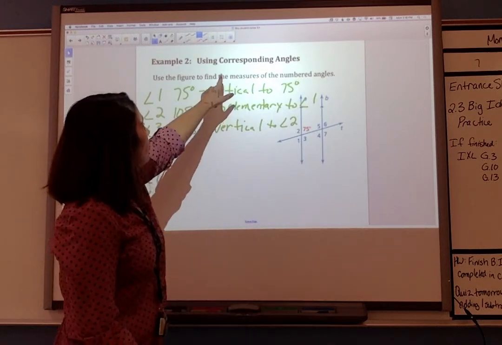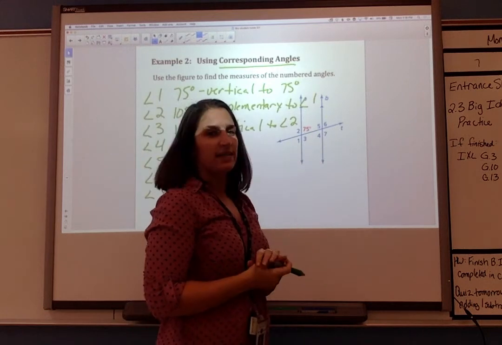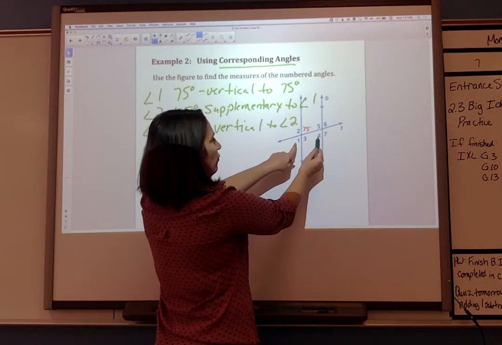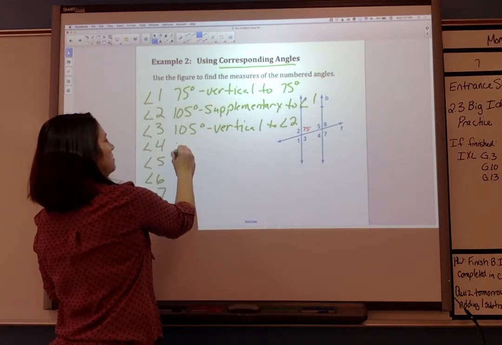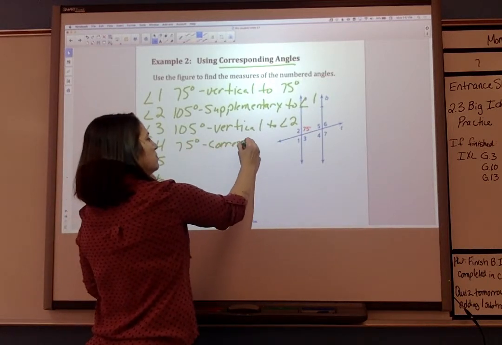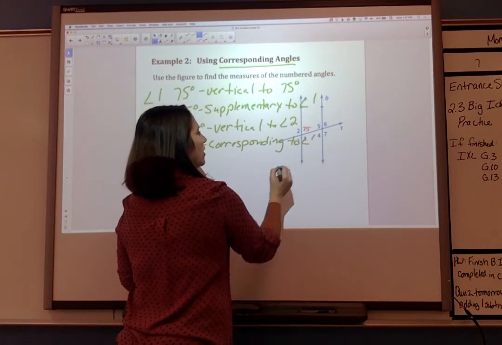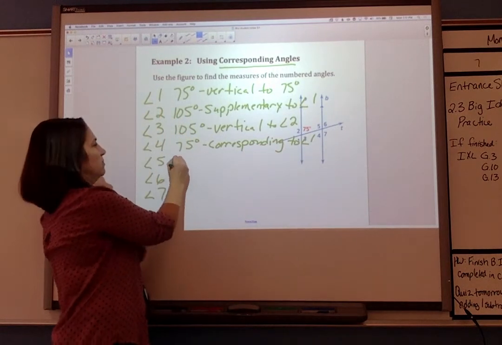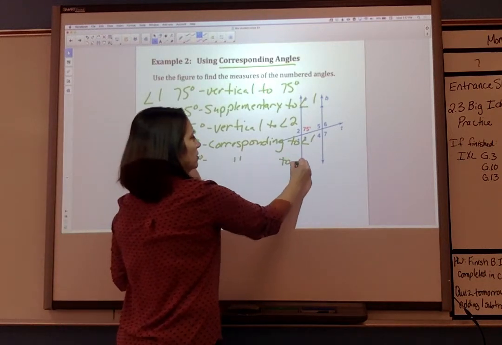All right, now we want to use corresponding angles here. So for 4, 5, 6, and 7, let's use what we know about corresponding angles. So let's say that angle 4 and 1 are corresponding angles, so therefore angle 4 must be 75 degrees, corresponding to angle 1. We'll say angle 5 and 2 are corresponding, so that must be 105 degrees, corresponding to angle 2.